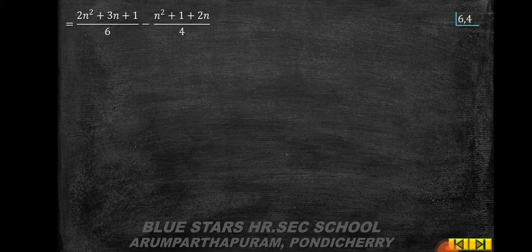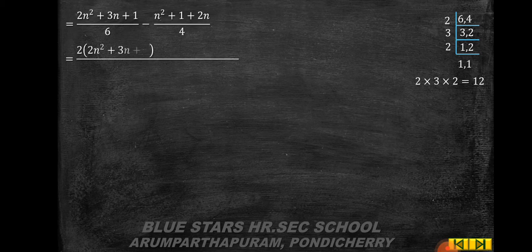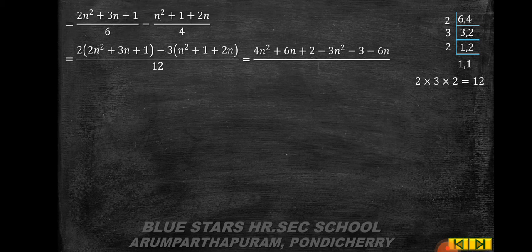Taking LCM of 6 and 4, 2 times 3 and 2, again 3 times 1 and 2, again 2 times 1 and 1. So the LCM is 2 into 3 into 2 is 12. So 2 into 2n square plus 3n plus 1 minus 3 into n square plus 1 plus 2n divided by 12, which is equal to 4n square plus 6n plus 2 minus 3n square minus 3 minus 6n by 12.